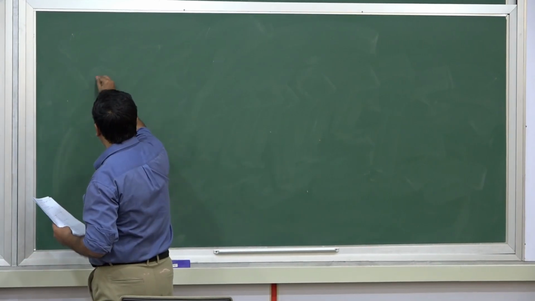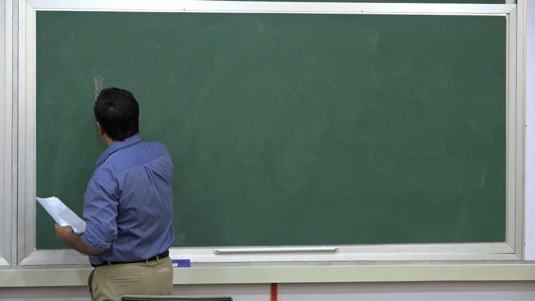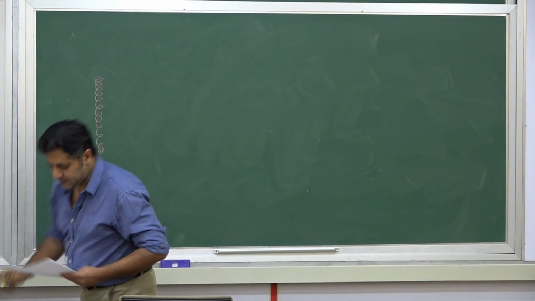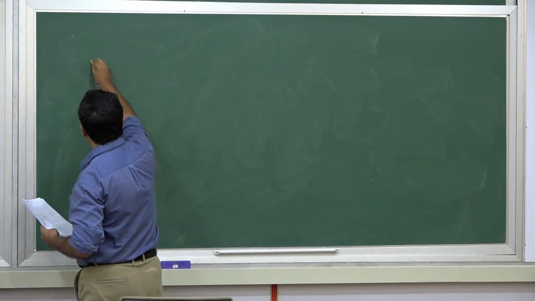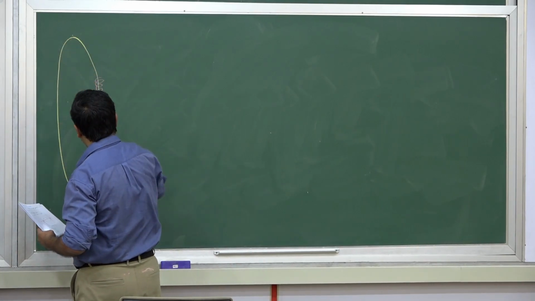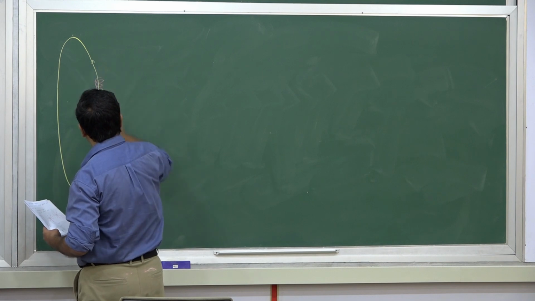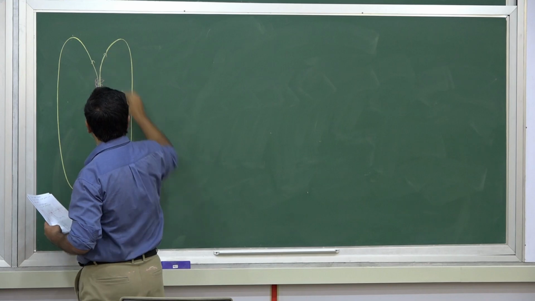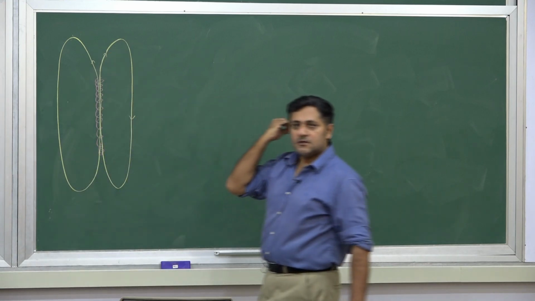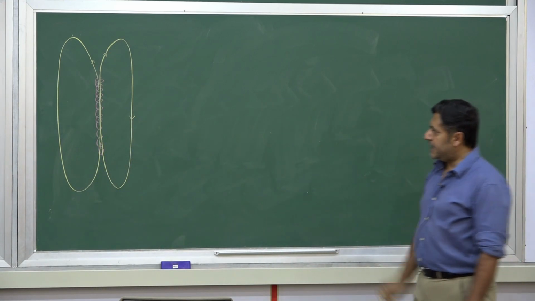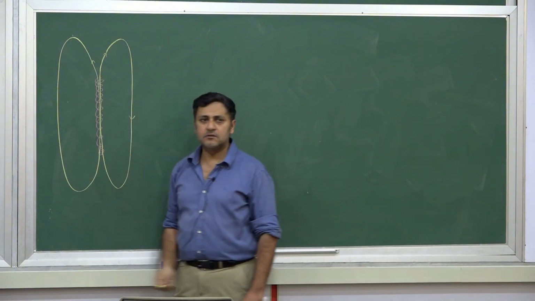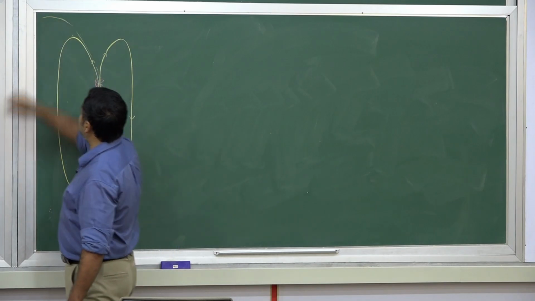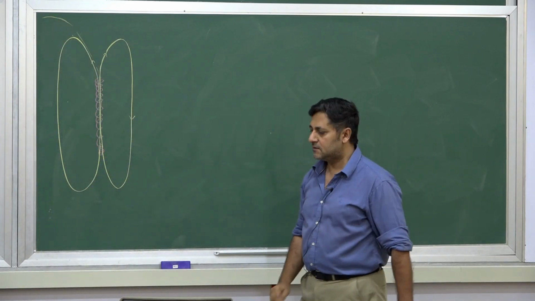So if you have a current carrying coil, then you have magnetic field going like this. So he imagined, if I make this coil longer and tighter, then this field will shoot further away, like that.